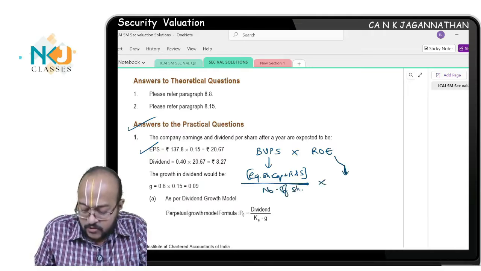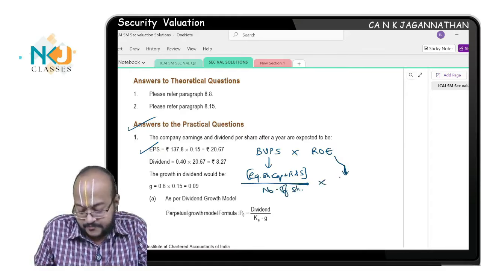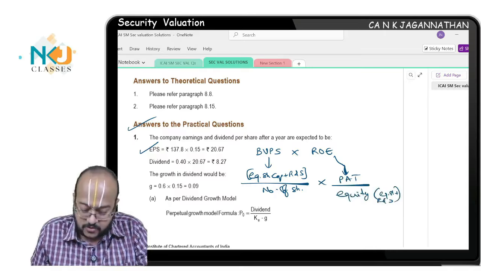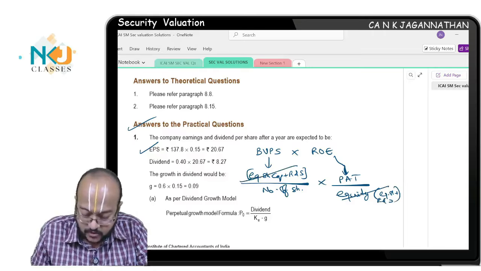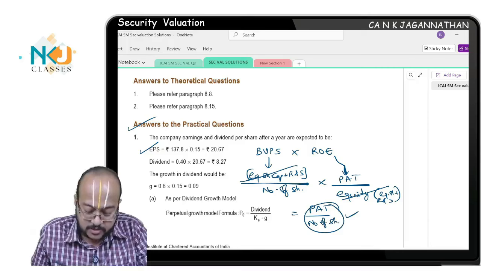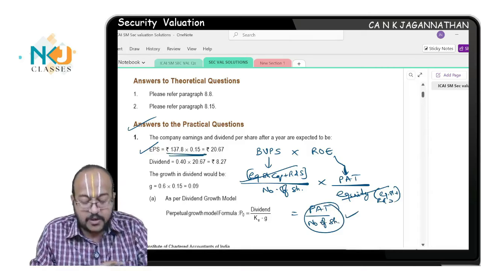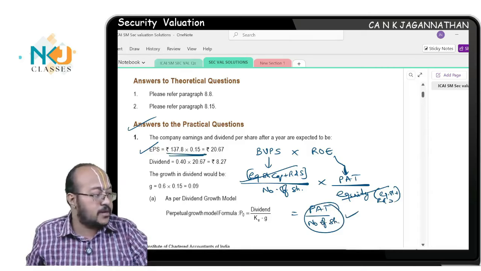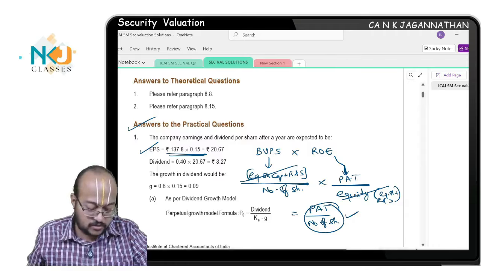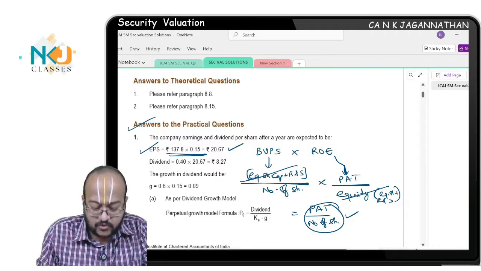Return on equity is PAT divided by equity, which is equity share capital plus reserves and surplus. These two get cancelled and you get PAT divided by number of shares, which is nothing but EPS. So EPS is simply book value per share multiplied by return on equity. 137.8 into 15% gives you 20.67.